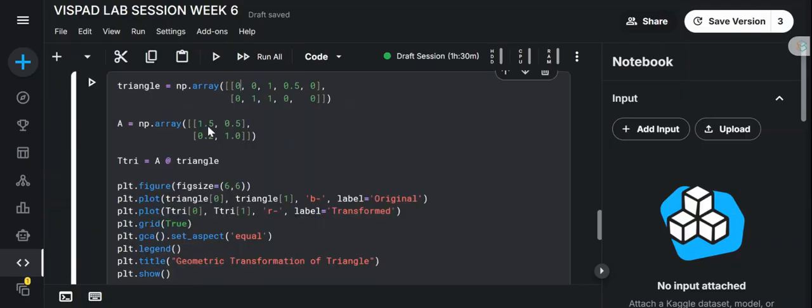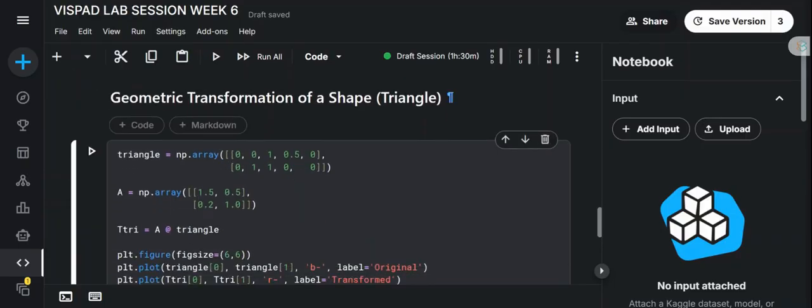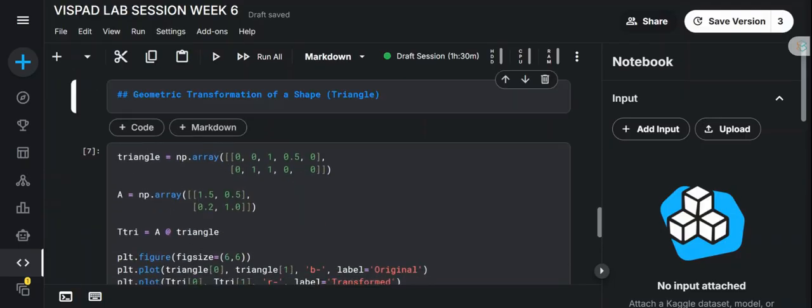So let me change the name over here. So it's a trapezium. Trapezium.